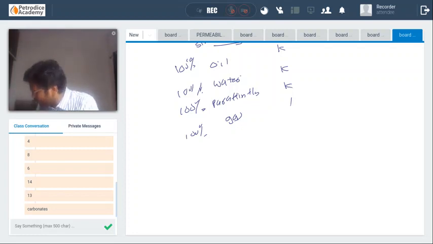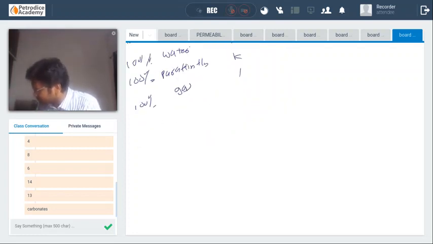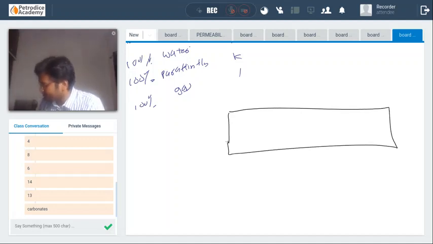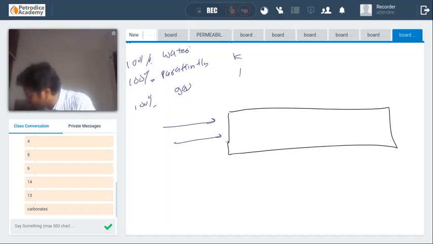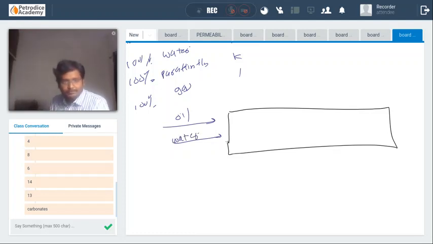The effective permeability, let us come here. Effective permeability is defined with respect to the fluid. That means consider two fluids, oil and water, flowing through the system. Each fluid will have different permeabilities.